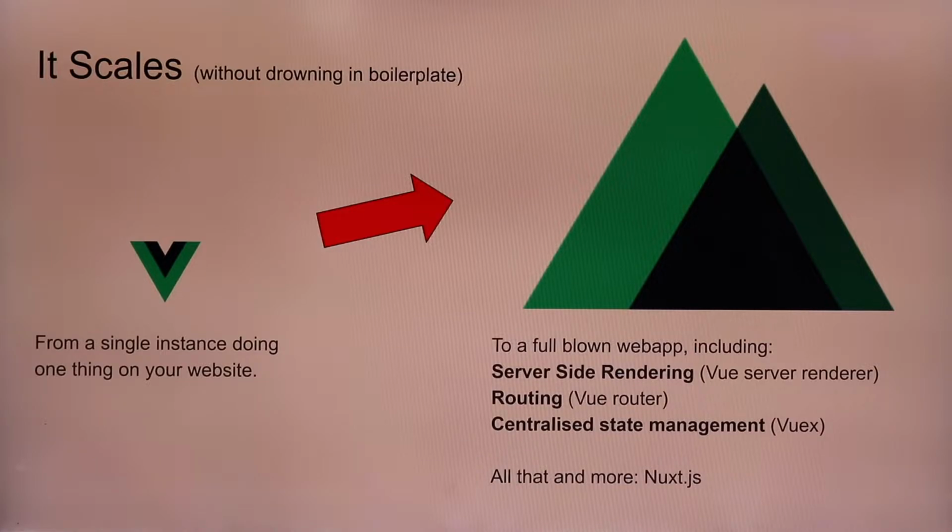Also, if you've ever dealt with larger UI applications, you know that state is kind of hard to handle. And for that, we have Vuex, which is a little bit like Redux if you're coming from the React side of things. All that and more is included in the Nuxt.js framework, which, yes, is a framework built on top of the Vue.js framework. So that's what we web people do. If you're planning on building something big, definitely check out Nuxt.